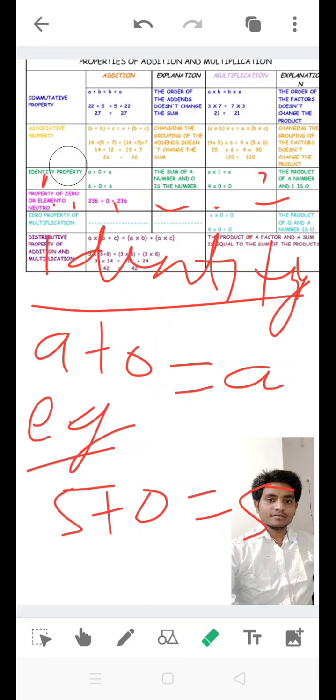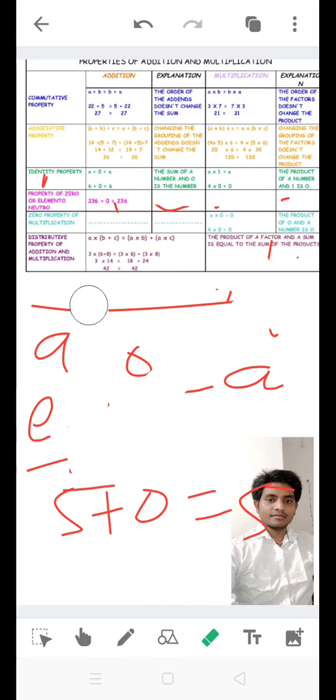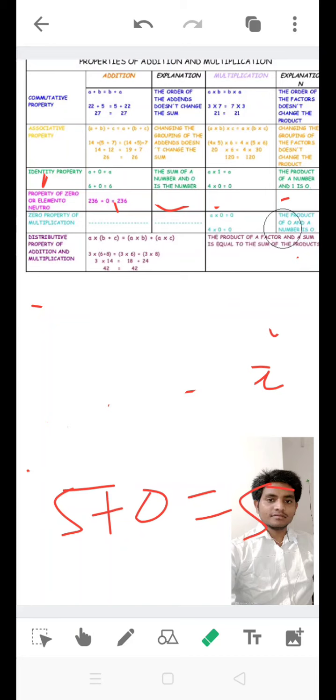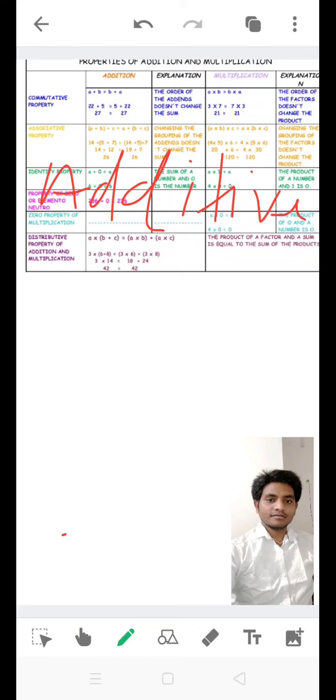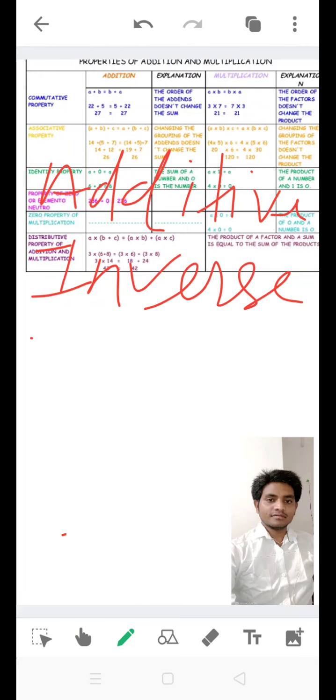Next one is additive inverse. What is the additive inverse?